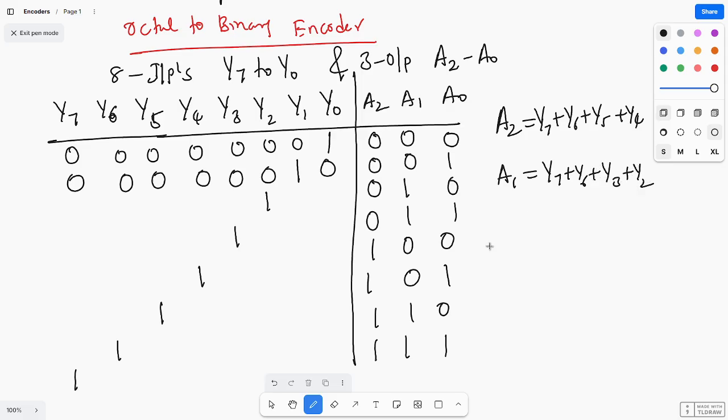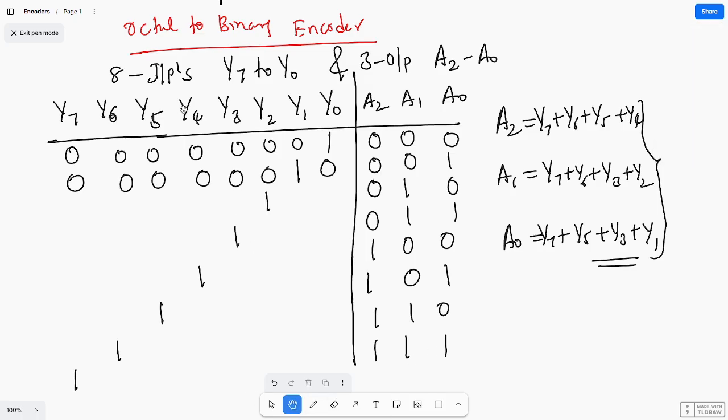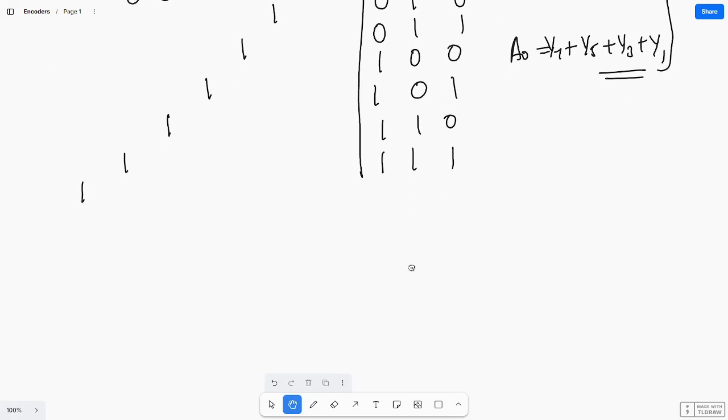Then a0 equals y7 plus y5 plus y3 plus y1, the odd numbers. With these equations I think you can draw the logic diagram. So this is nothing but the octal to binary encoder.